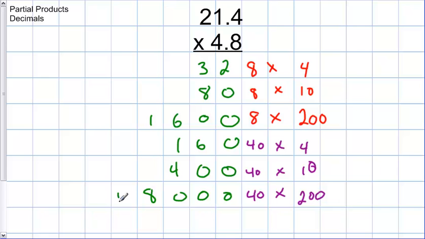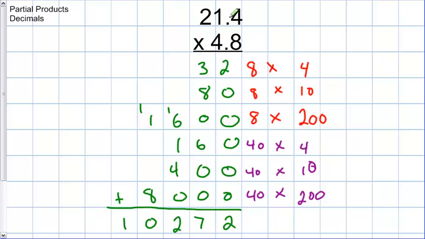And 2 times 4 is 8. Then just go back and add them up. 2, 11, and 6 is 17. Carry the 1, that's 8. 12. Carry the 1, and that's 10.